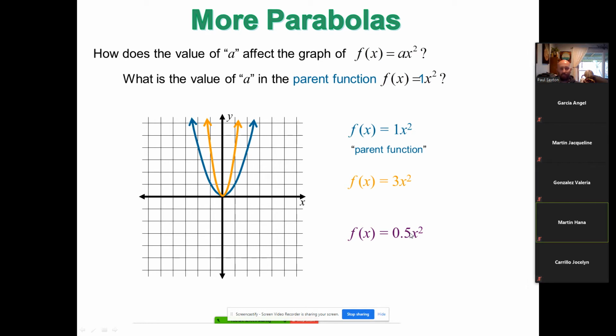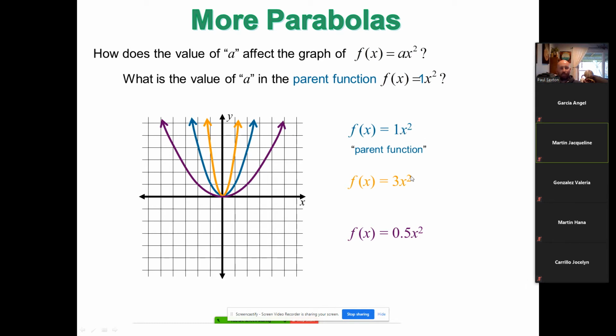Okay, anybody else? Okay, check it out. Here's the graph. Tell me if it surprises you or not. Does that surprise you guys? It did? Okay. So here's the rule.